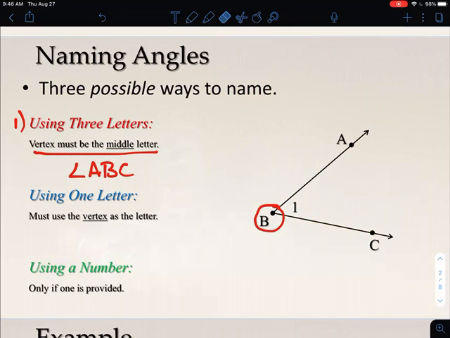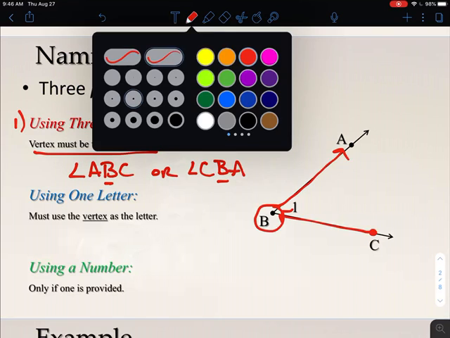I wouldn't have to go that direction, so I could have just as easily started at point C, traveled to B, and then out to A. All I'm doing on the naming is following the path of the angle. So I could also do CBA. As long as that vertex is in the middle, you're okay with those 3 letters.